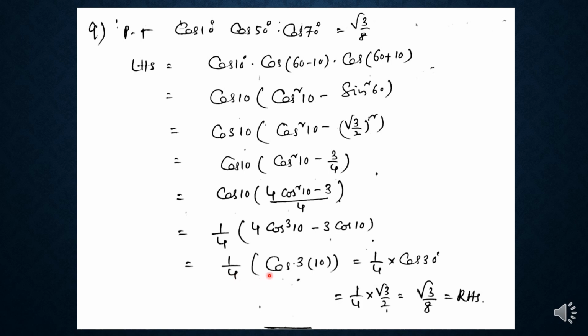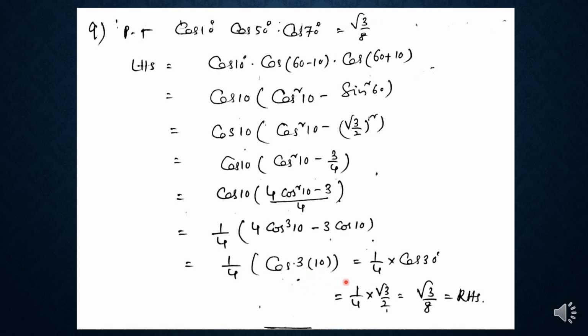So 1 by 4 into cos 3 into... what is A here? This A is equal to 10. So this can be written as cos 3A, that is cos 3 into 10, cos 30 degrees.